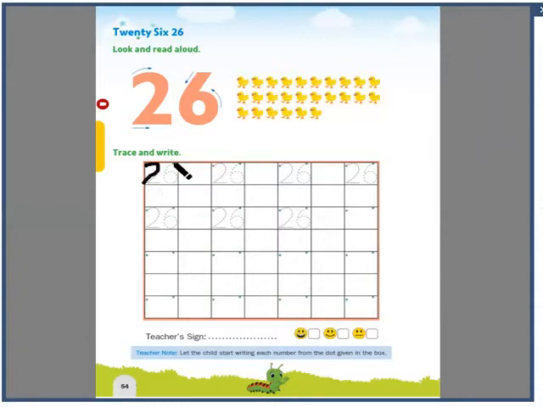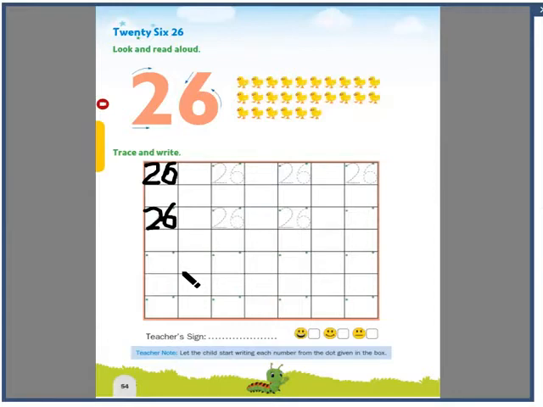2, 6, 26. Only inside the box, try to write it. 2, 6, 26. Only try to write inside the box, children. 2, 6, 26.